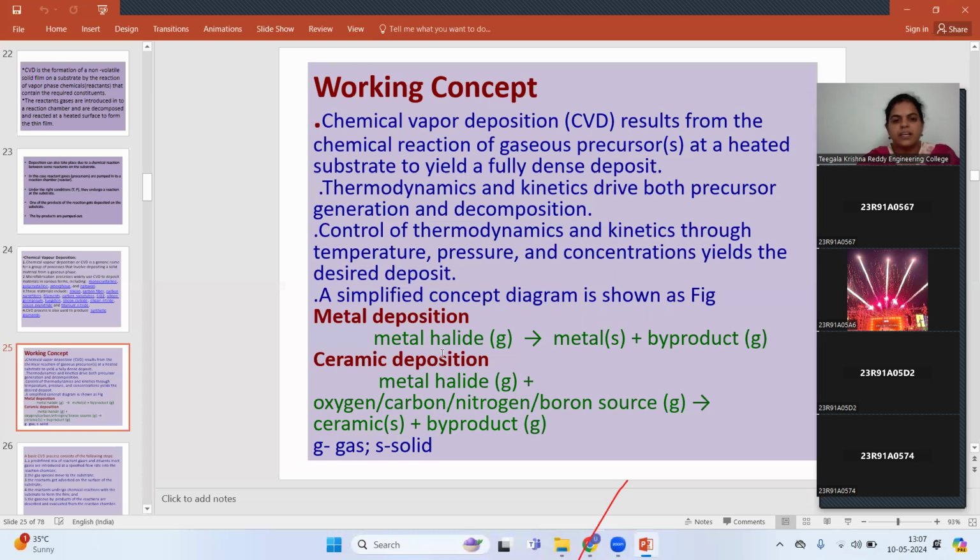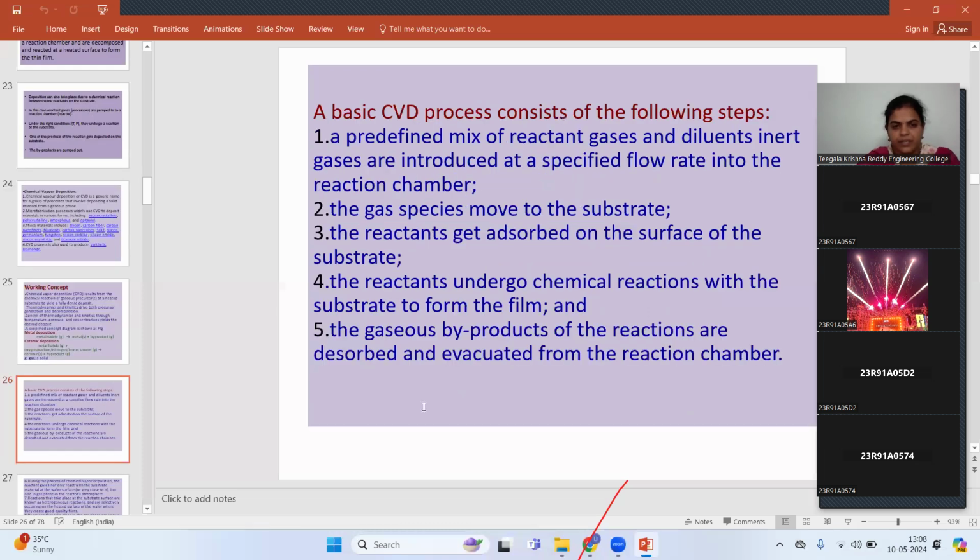Material deposition: metal halide gives rise to metal plus byproduct. Ceramic deposition: metal halide and oxygen, carbon, nitrogen or boron source gives ceramics plus byproduct, where G means gas and S means a solid material.